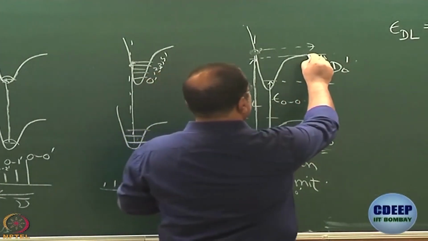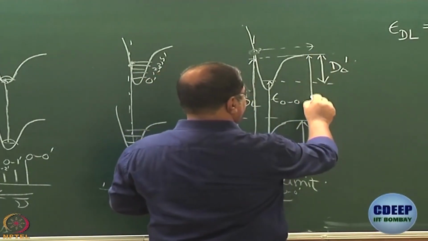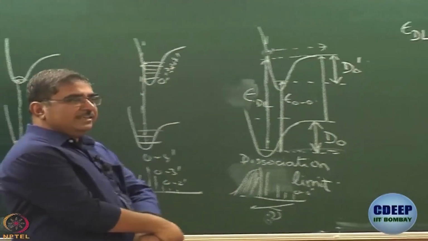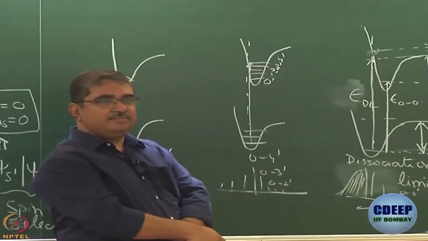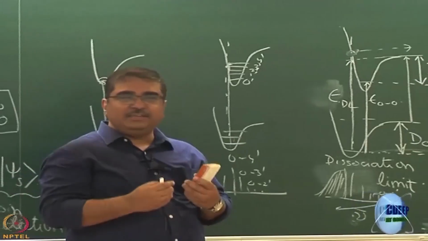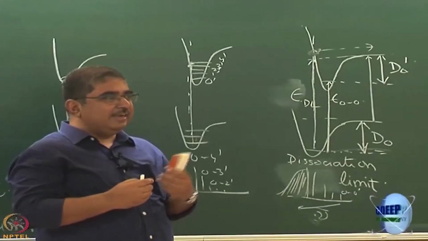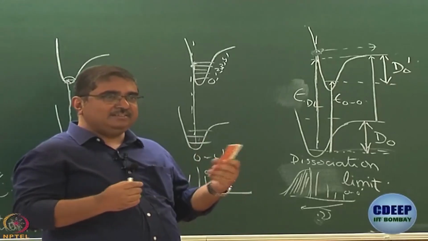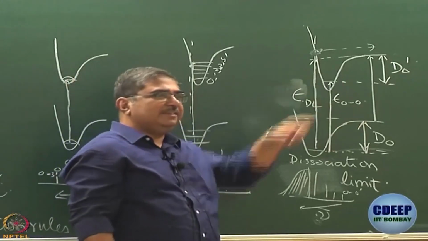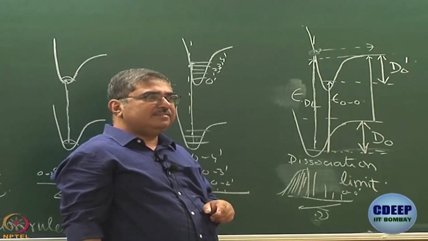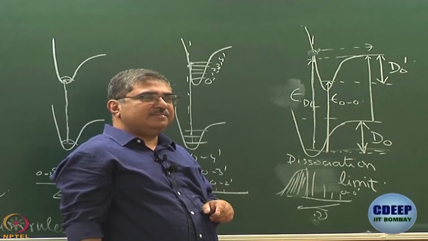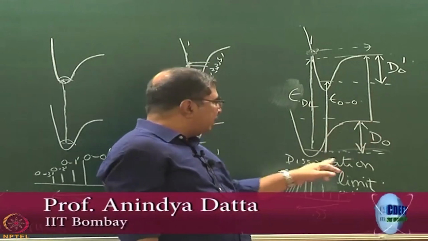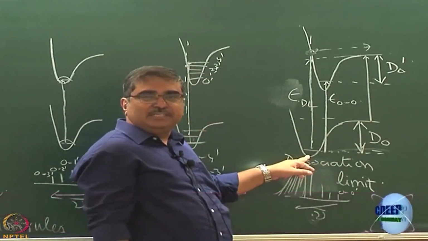Let me write this. What is this energy? Let us say I have a molecule AB, and upon dissociation I get A and B. What is this energy? What do I have here for this internuclear separation?